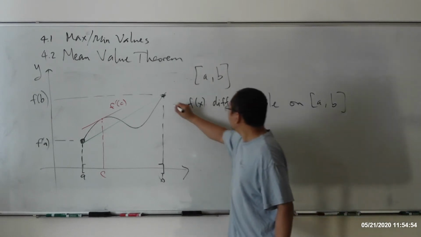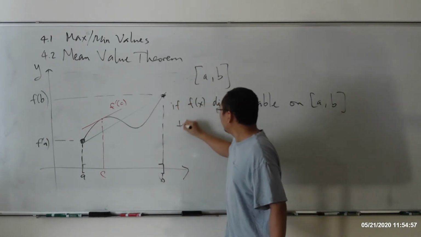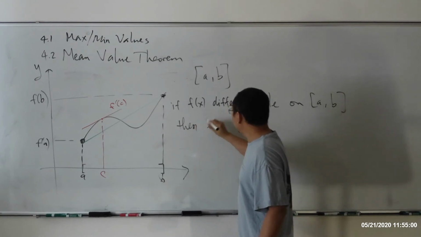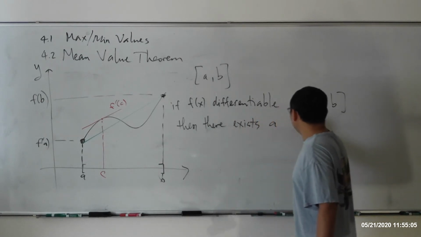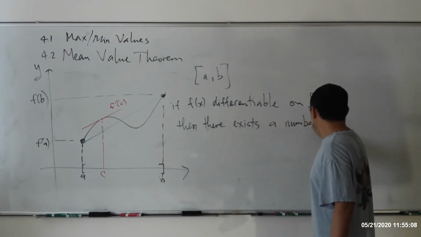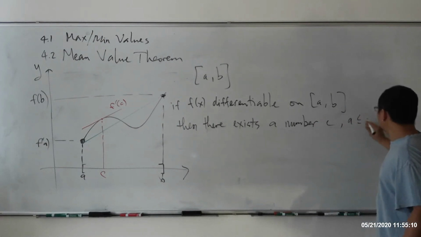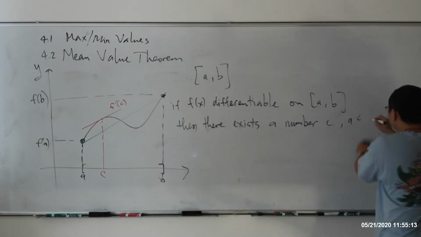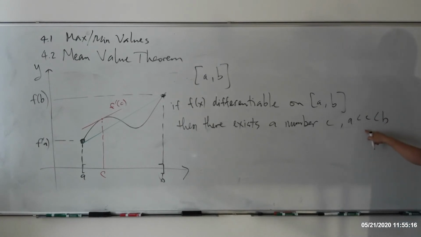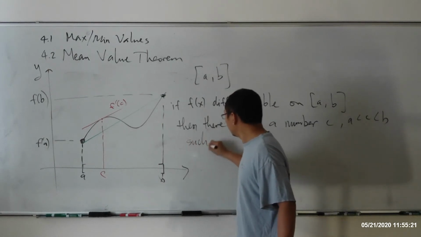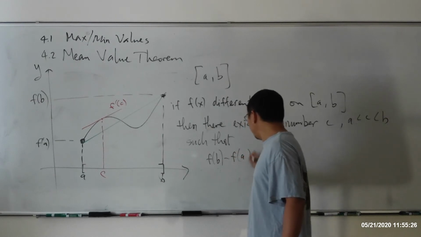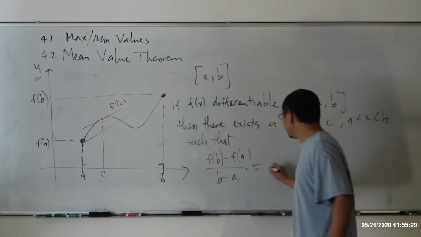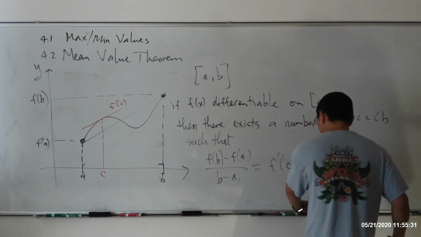Then there exists a number C, A less than C less than B. What we're trying to say right here is that number C is between A and B, such that (f(B) minus f(A)) over (B minus A) is equal to f prime of C.